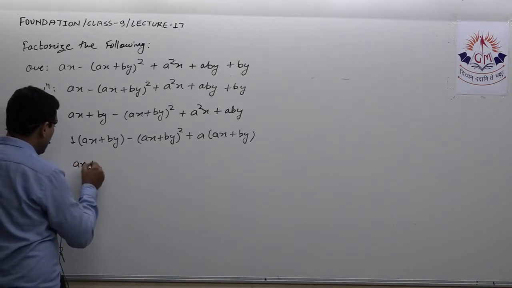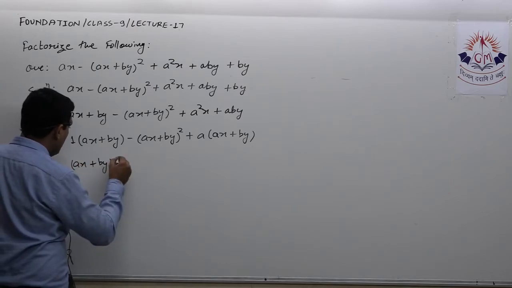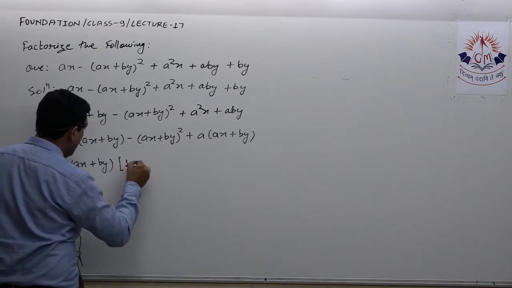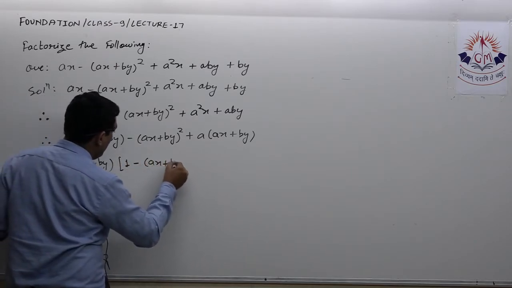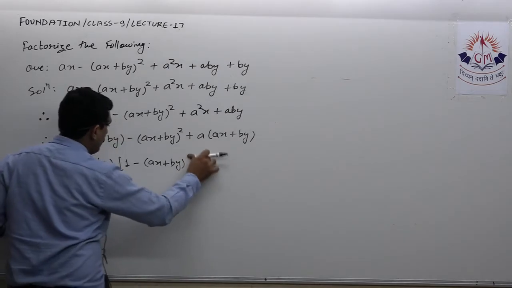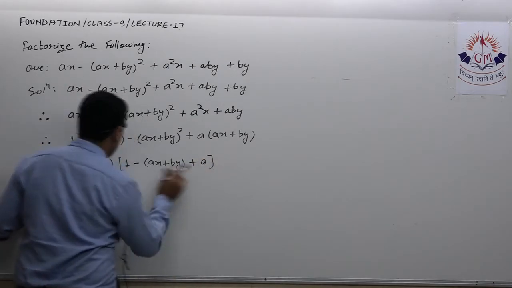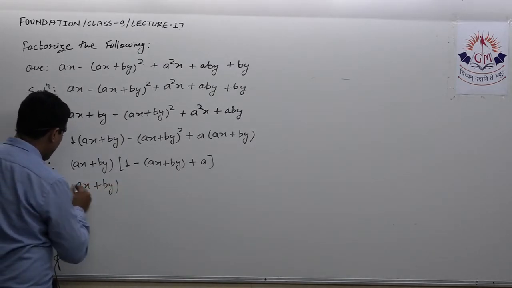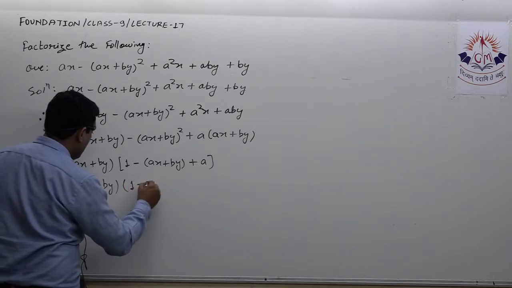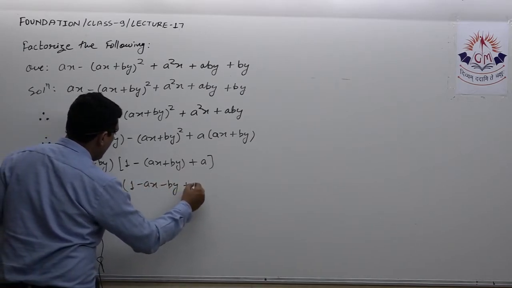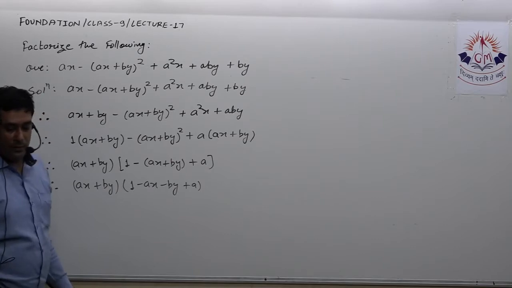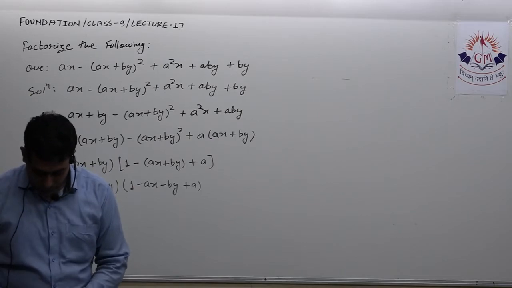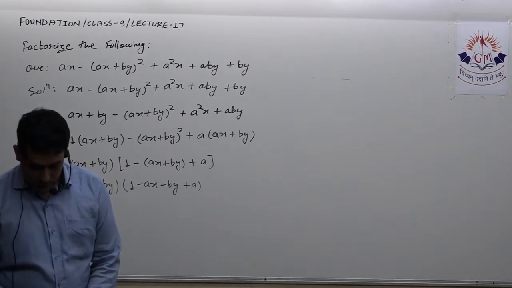So after taking ax plus by common, here I am left with 1 minus of ax plus by, okay, plus a. Now here I have to open the bracket, so ax plus by, and over here 1 minus ax minus by plus a. So these are the final factors of the given expression. So please note it down, then we will see the next question.